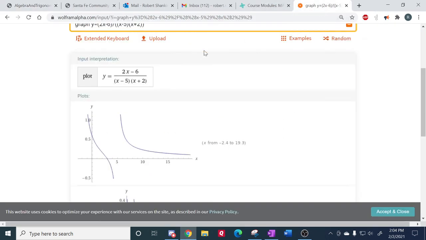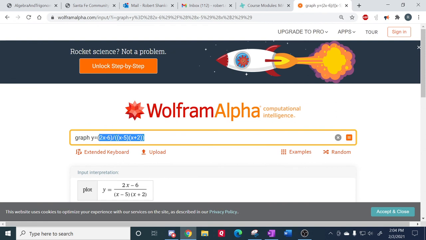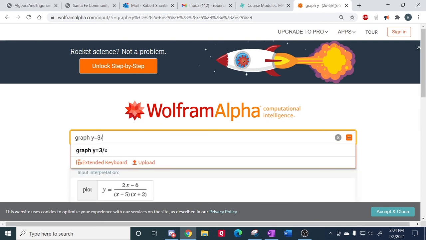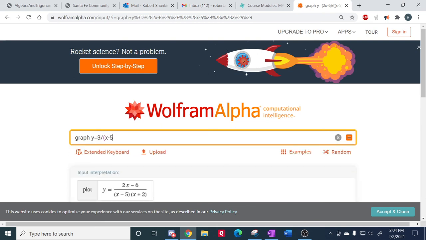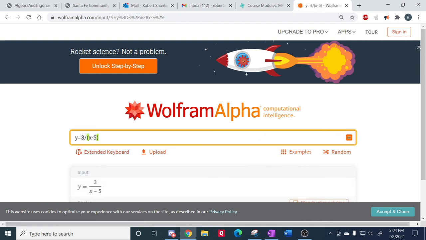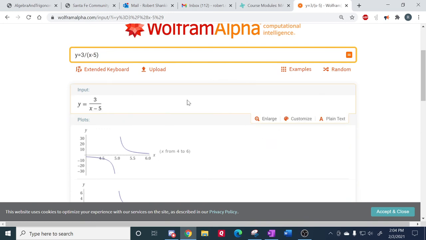And I go to Wolfram Alpha, y equals 3 divided by, I gotta put this in parentheses, x minus 5. Now if you left out the word graph, and you just put the equation in, Wolfram Alpha will just try to guess what you mean, and one of the things it'll do is graph it.